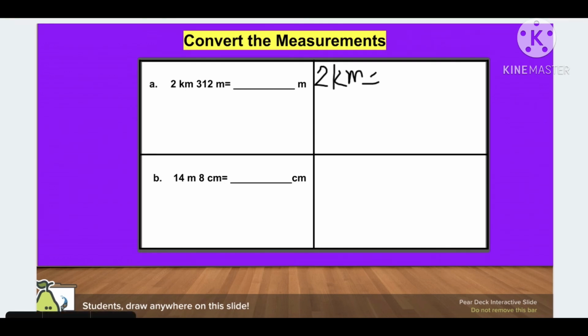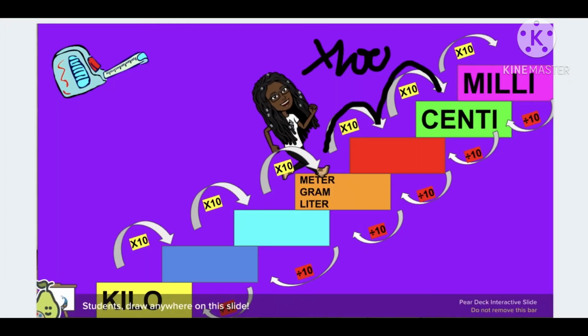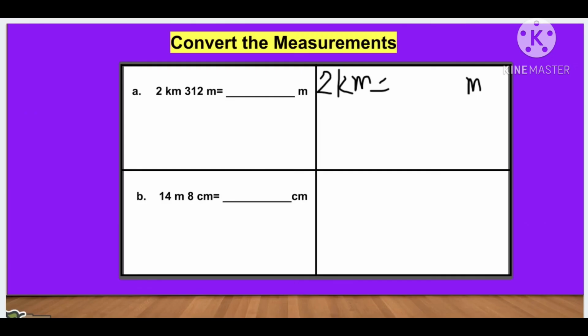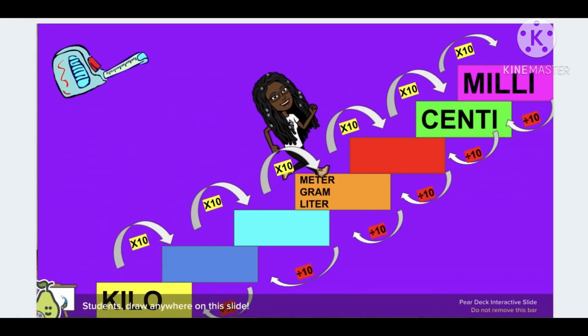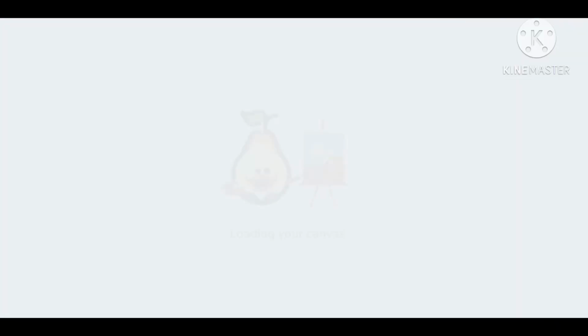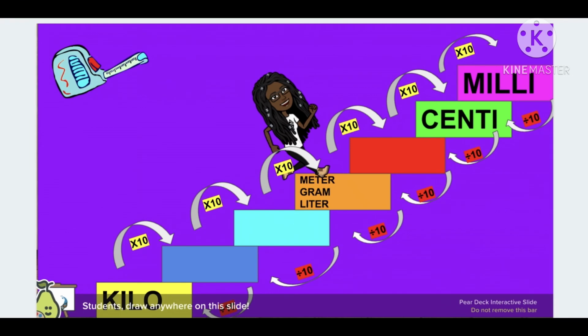Can I convert kilometers to meters? Yeah, I agree. Let's look back at our chart. If I'm converting kilometers to meters, then that means that I'm about right here on this step.